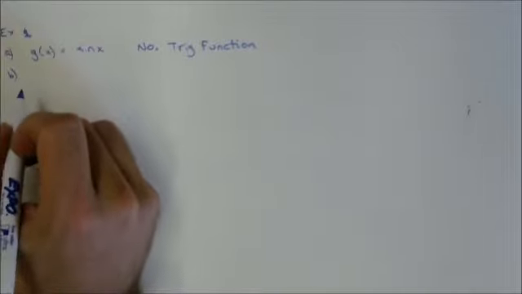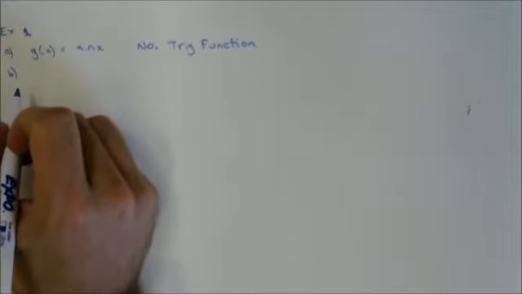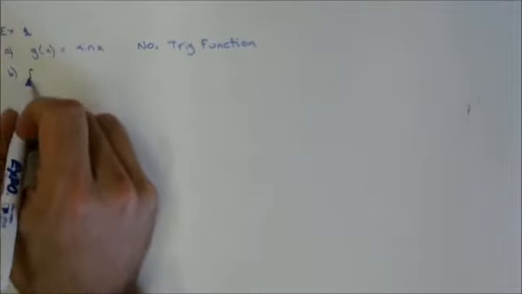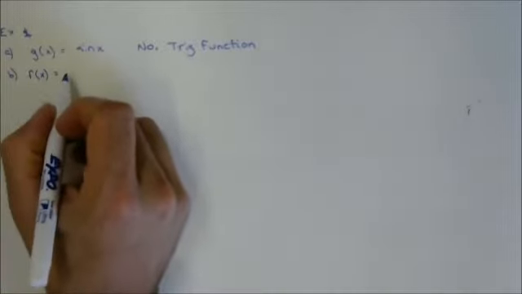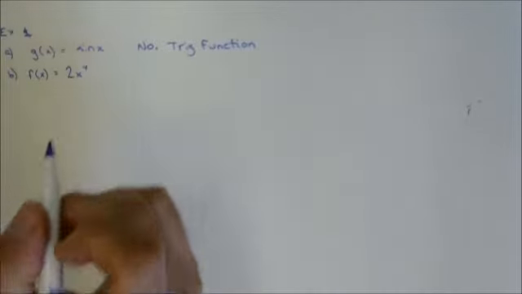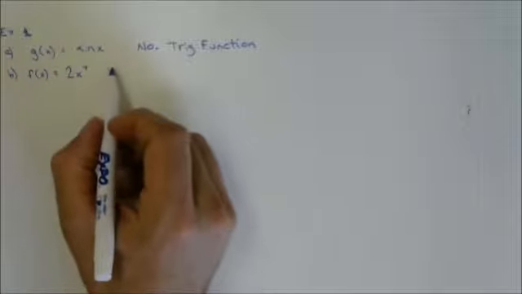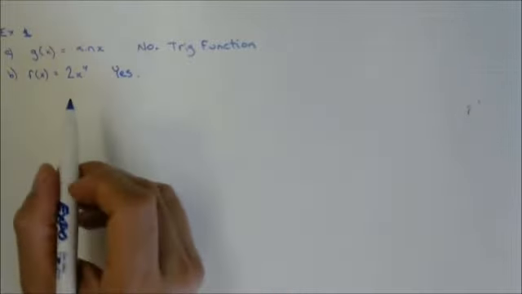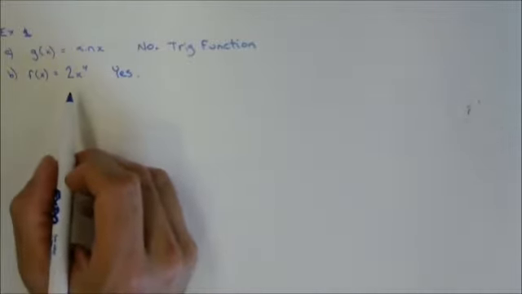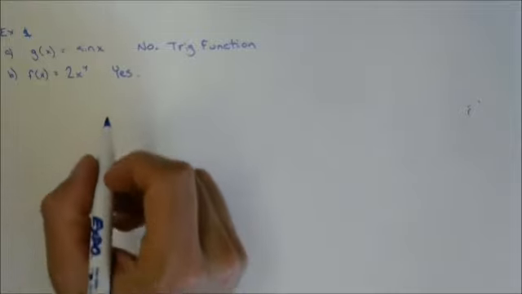B is f of x equals 2x to the power of 4. Is that a polynomial function? Yes. Follows the form. It's actually a power function, right? It's a simple polynomial function. Good. State the degree.